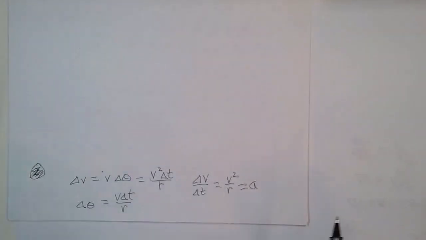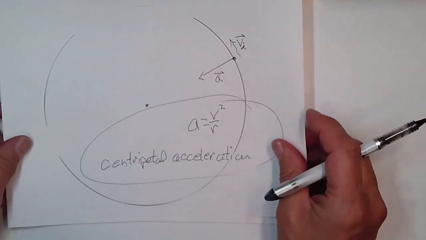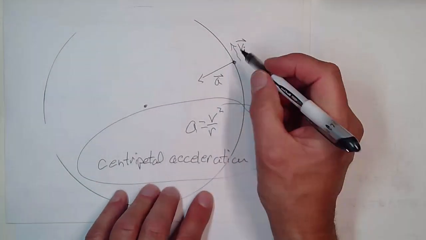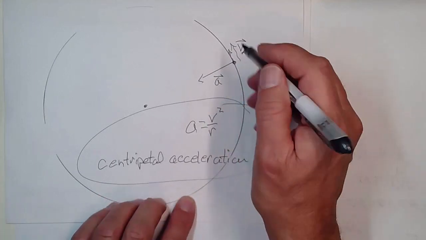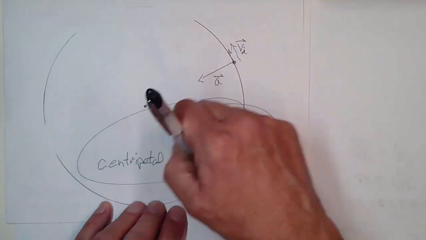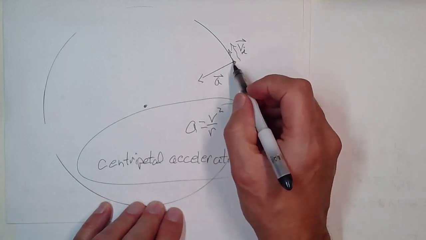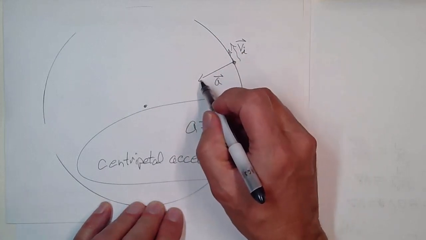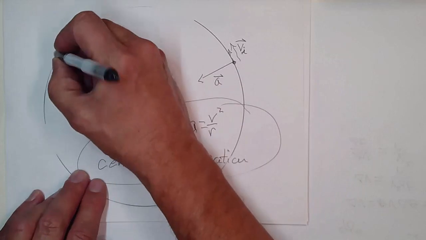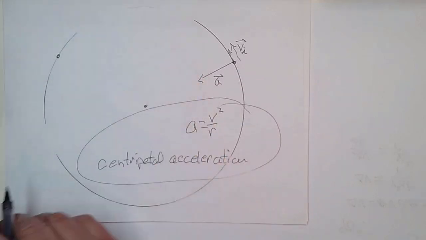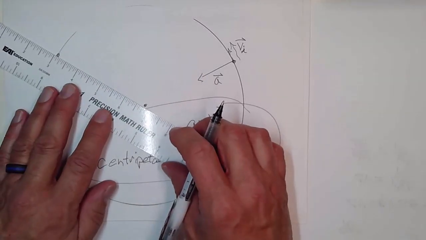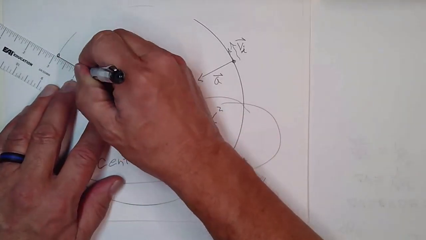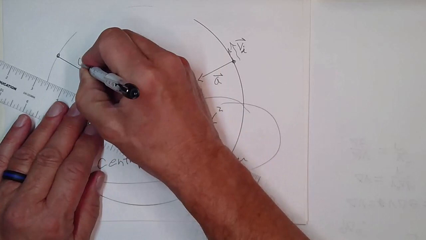So here's what happens. If you have the instantaneous velocity pointing in that direction, it's always tangential to the circle as you're traveling around. The acceleration points toward the center of the circle. When it's back over here, the acceleration is still going to point toward the center of the circle, but in a different direction when it's over here.